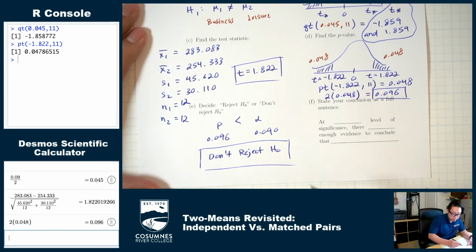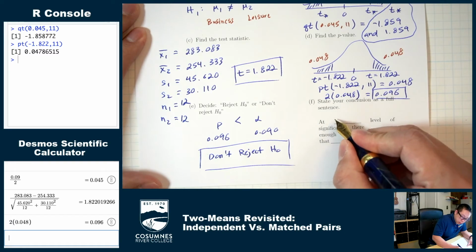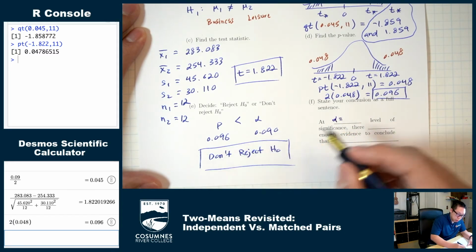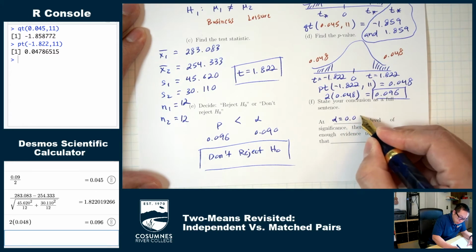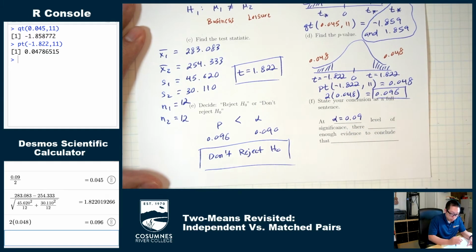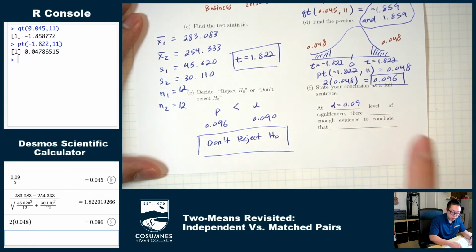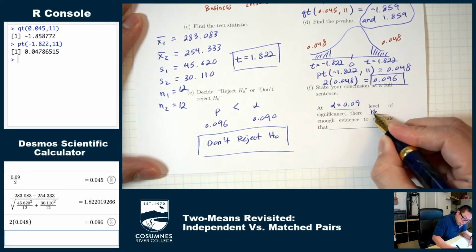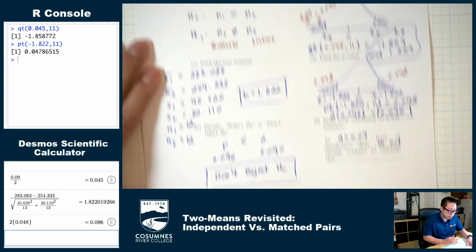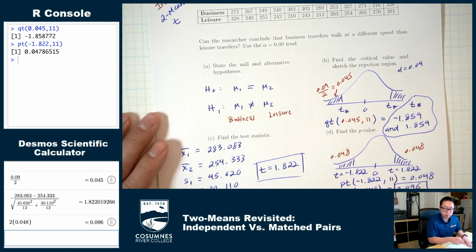And then part F, the sentence. At alpha equals, state your significance level, it was 0.09. There is or is not enough evidence because we did not reject. There is not enough evidence to conclude that, and then state H1 as a sentence.